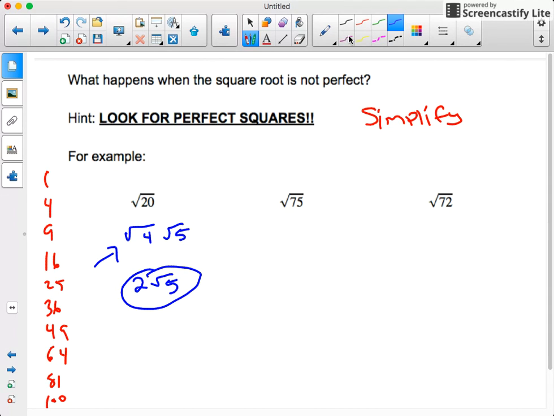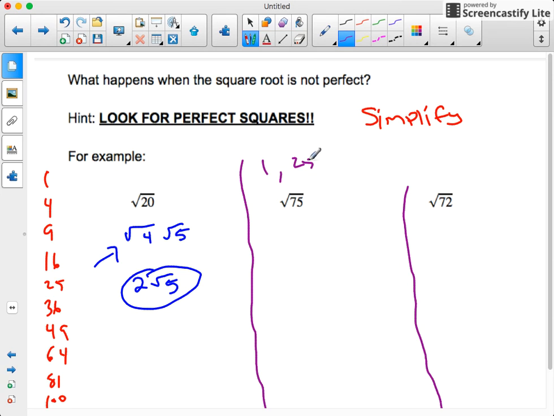Let's look at the second example, the square root of 75. What numbers in our red list can go into 75? Well, 1 can, 4 cannot, 9 cannot, 16 can't, 25 can. So far we've come up with 1 and 25. 36 no, 49 no, 64 no, and the rest are bigger.